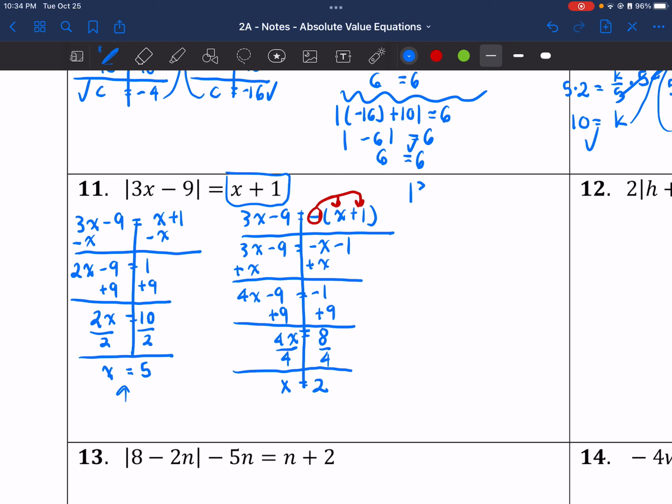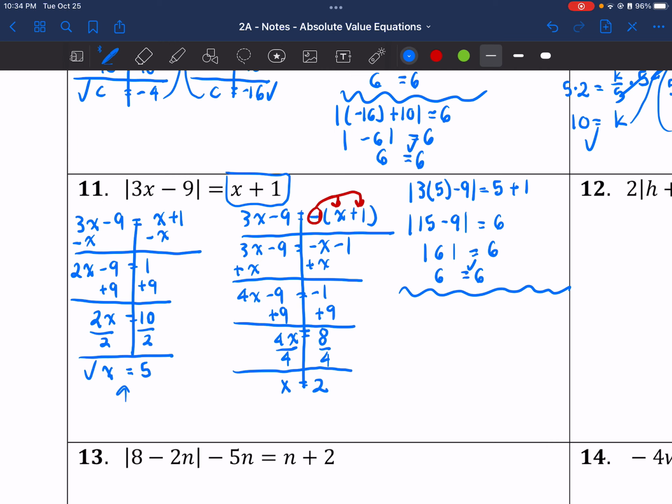So we get 3 times 5 minus 9 is equal to 5 plus 1. 3 times 5 is 15 minus 9, and 5 plus 1 is just 6. 15 minus 9 is just 6. So now we have the absolute value of 6 is equal to 6, giving us 6 equals 6. So now we know that x equals 5 is a solution.